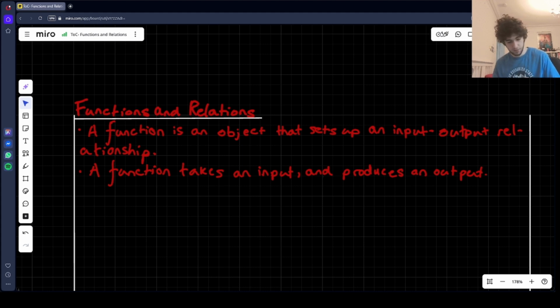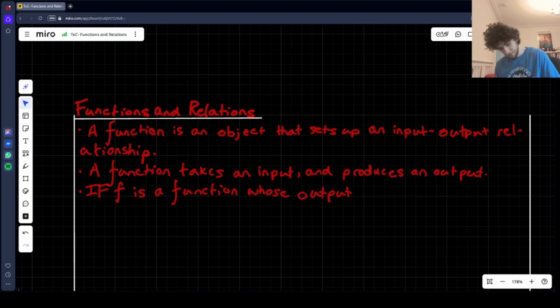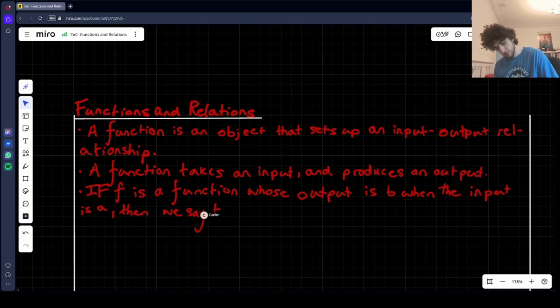So we have this notation that if f is a function whose output is b when the input is a, right? So if I input a into my function and it spits out b, then the notation that we use is effectively f of a is equal to b.